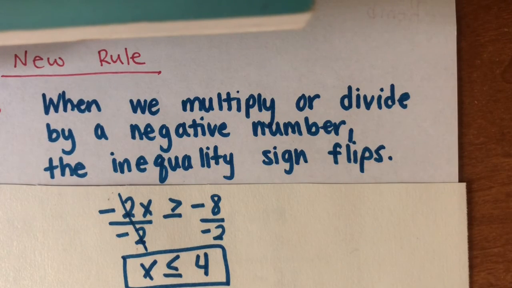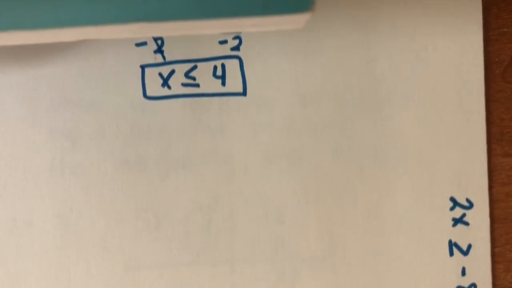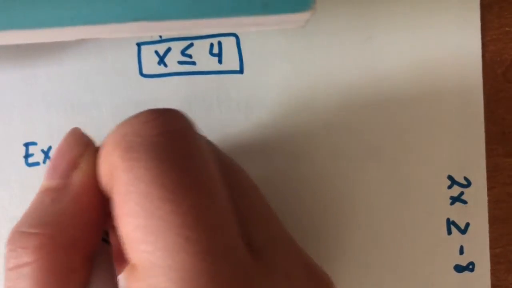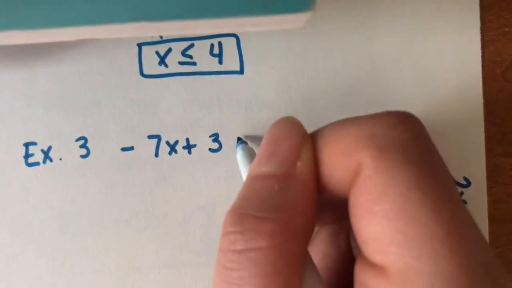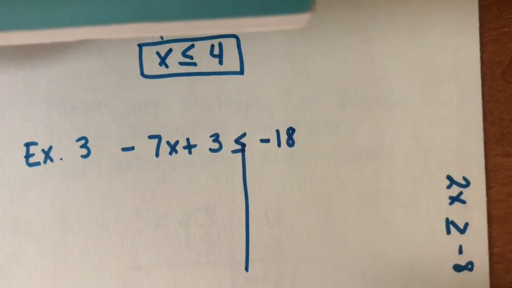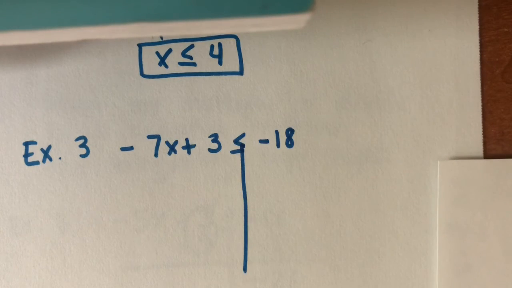So let's go ahead and take a look at our last example for today, example number 3. So example number 3 says that I have negative 7x plus 3 is less than or equal to negative 18. Okay, so I'm going to start off by separating my two sides of that inequality. And I'm going to go ahead and look for my constant.